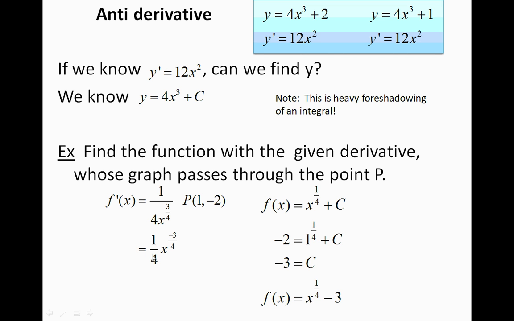And then I divide the current coefficient by the new exponent of 1/4, which means 1/4 divided by 1/4 gives me a 1. And then I add in my constant, which I don't know yet. But because they gave me some extra information about a point that the original function passes through, I have an xy coordinate that I can plug in and solve for c. So when x is 1, y is -2, I can figure out how much c is, and I can write out my function's equation.